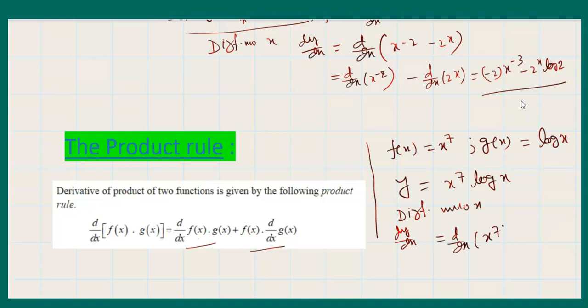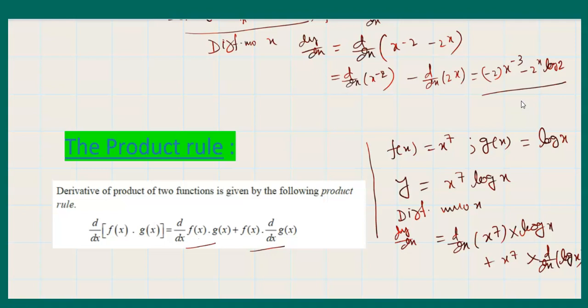Derivative of x to the power 7 into log x. This plus x to the power 7, if you have differentiated before, then it's fine. This into, and then you write x to the power 7 into derivative of log x. The rule says that only: derivative of first, f(x) into g(x), log x. You are not differentiating log x here.